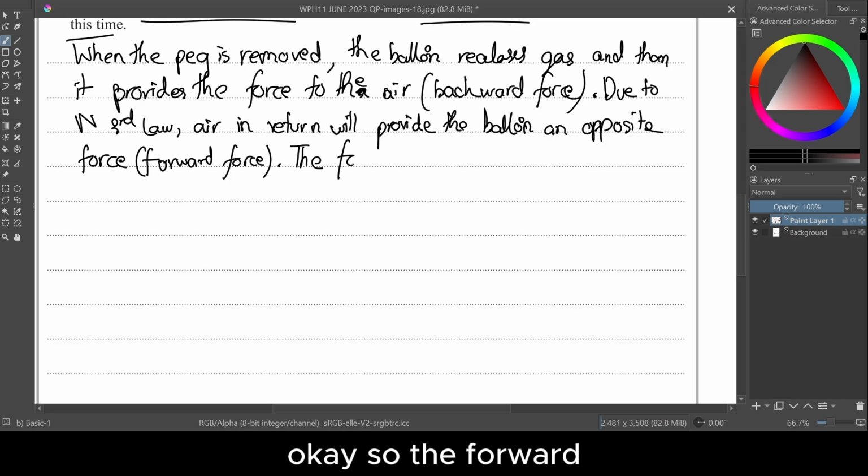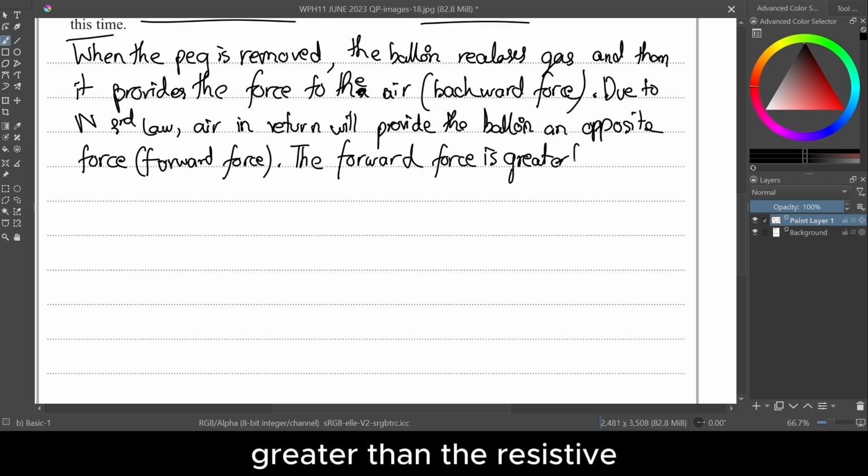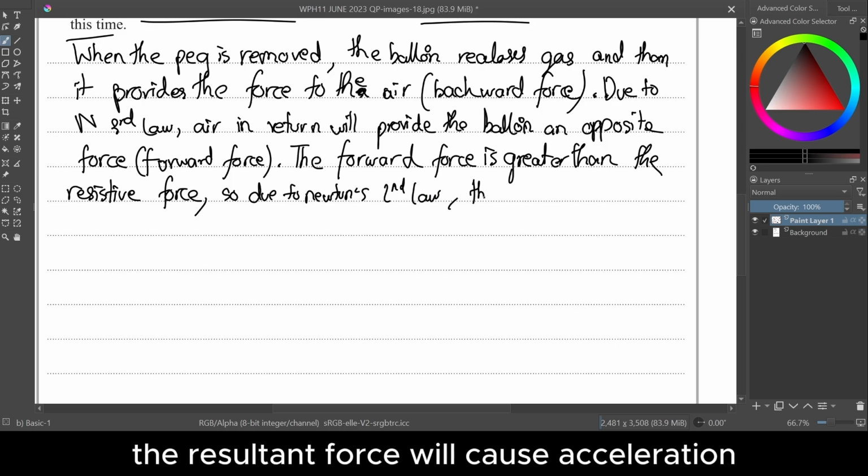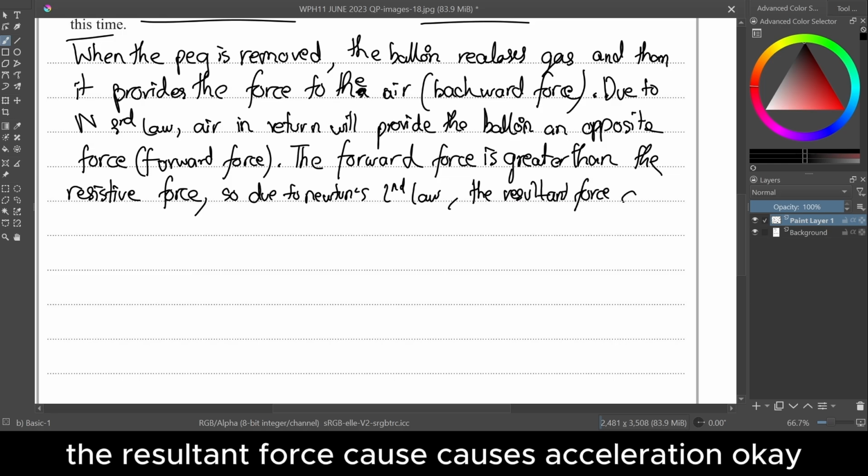Okay, so the forward force is greater than the resistive force, right? So due to Newton's second law, the resultant force will cause acceleration. The resultant force causes acceleration.